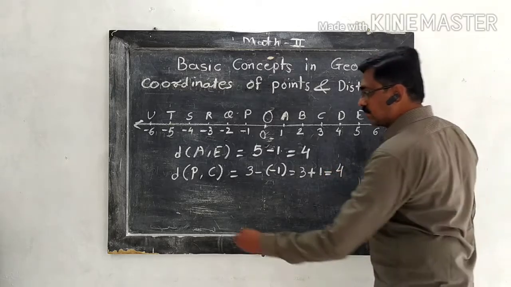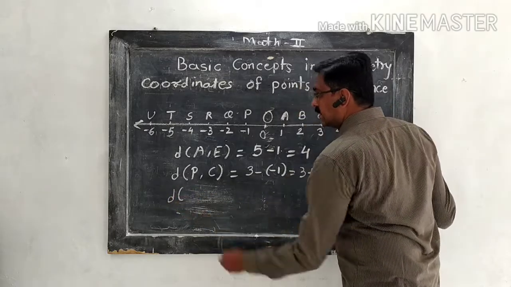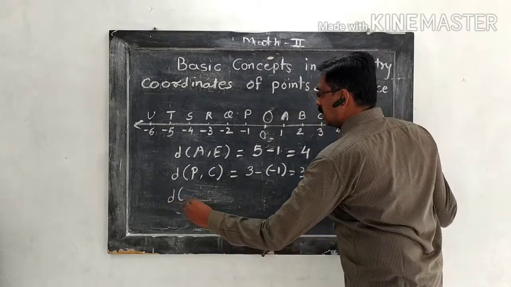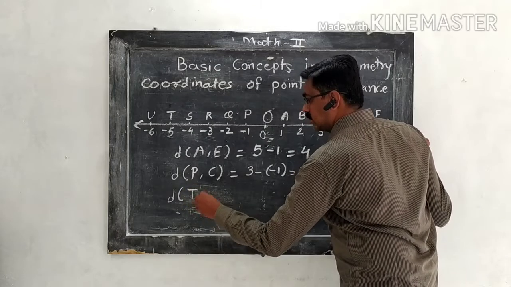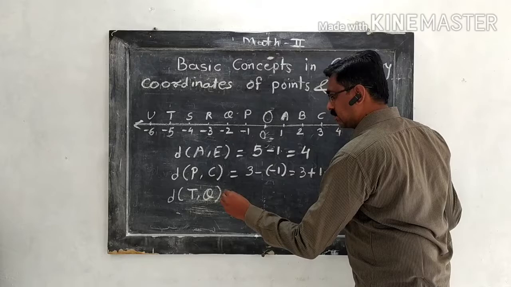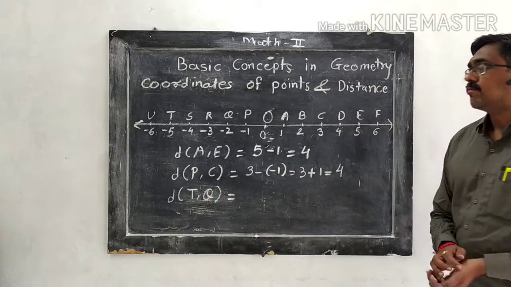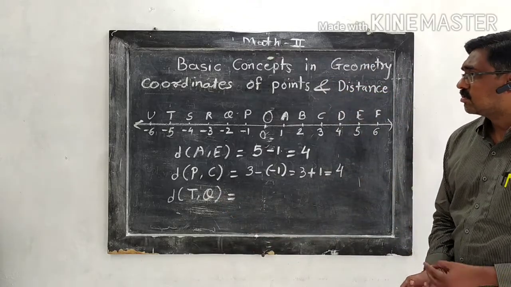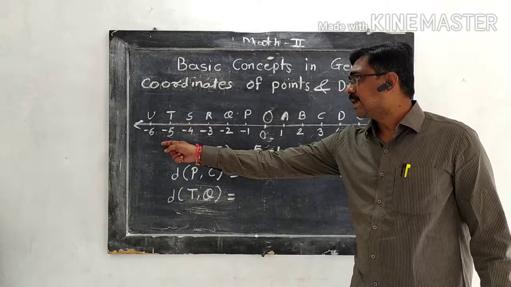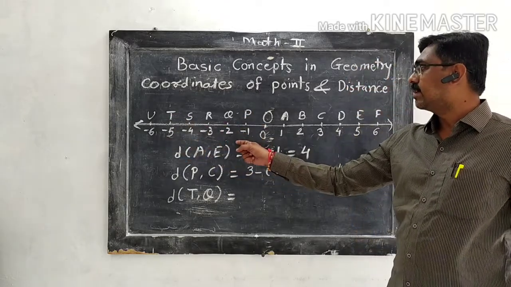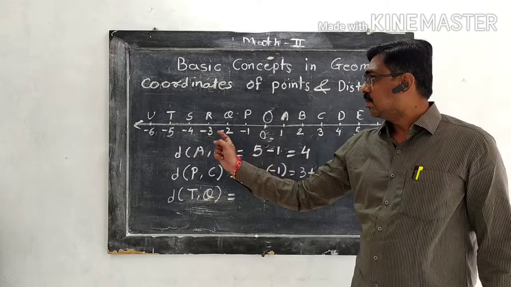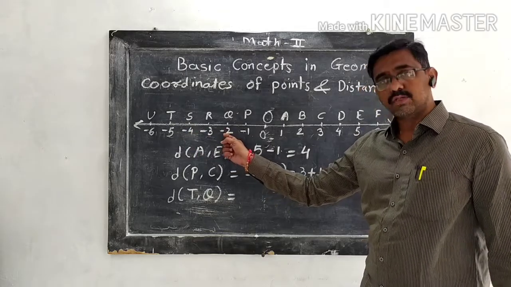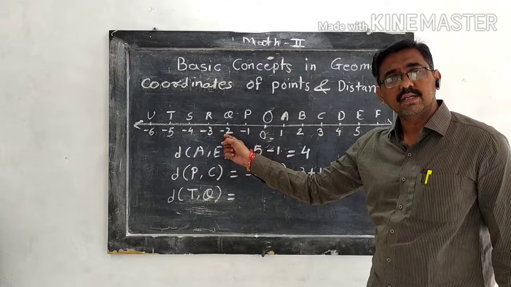Now let's take one more example. Distance PQ. Now to get the distance PQ, P having the coordinate -5 and Q having the coordinate -2. So -5 is left of the -2.